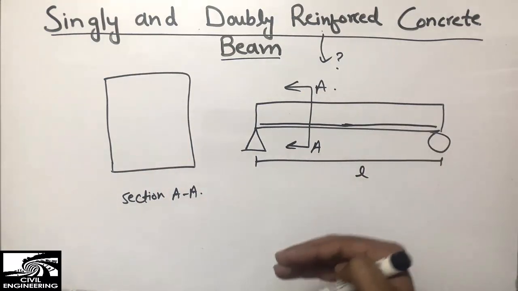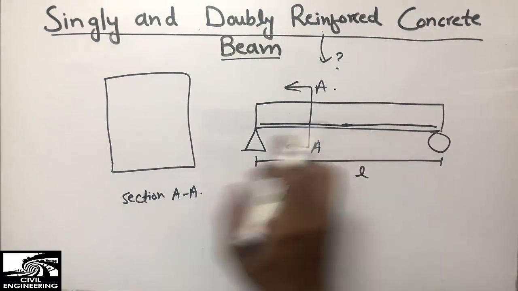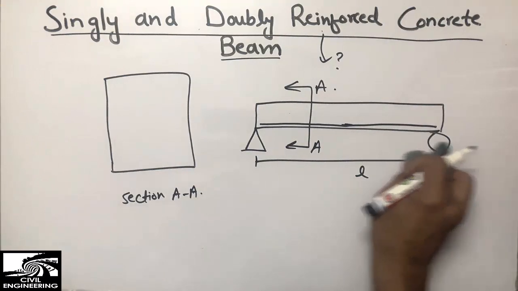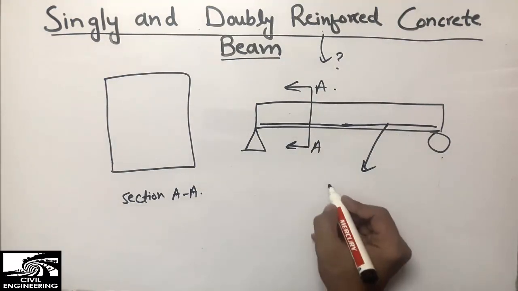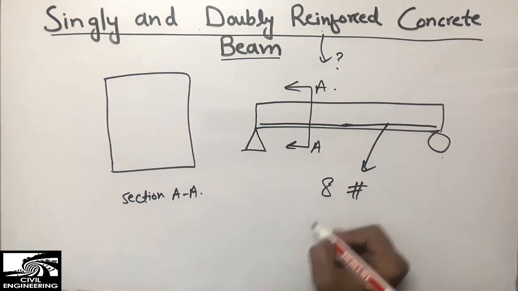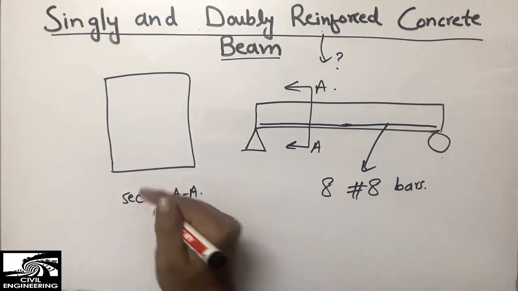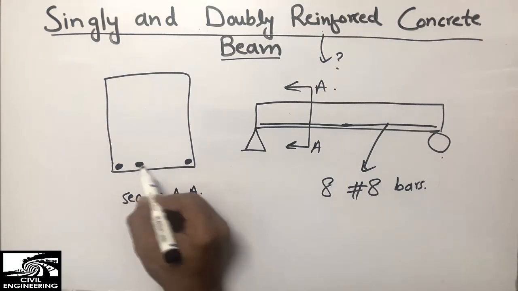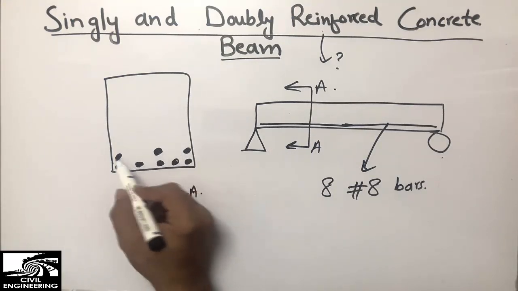Now these are number 8 bars, right? So I will show it here: this is the number 8 bars, 1, 2, 3, 4, 5, 6, 7, and 8, right?